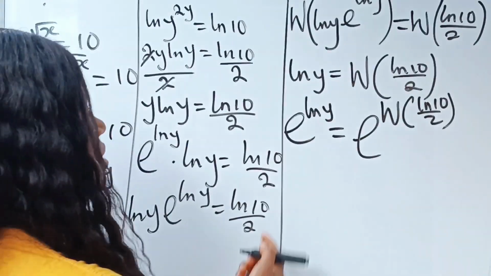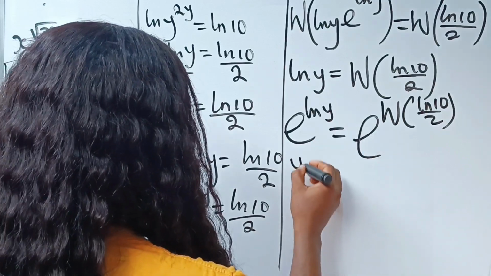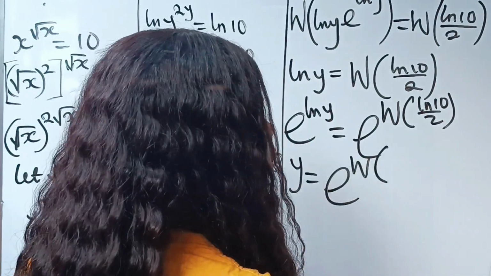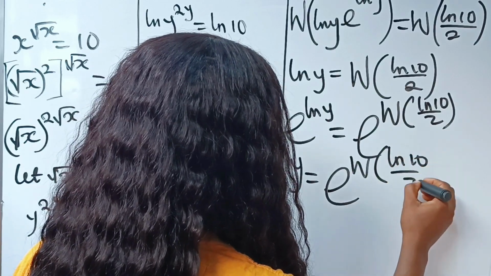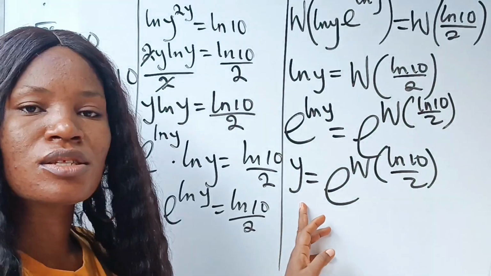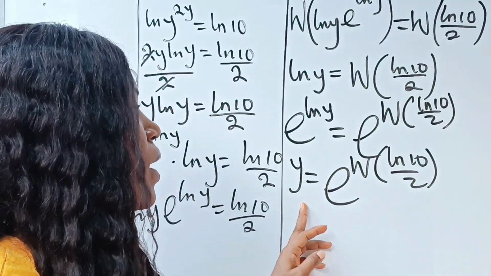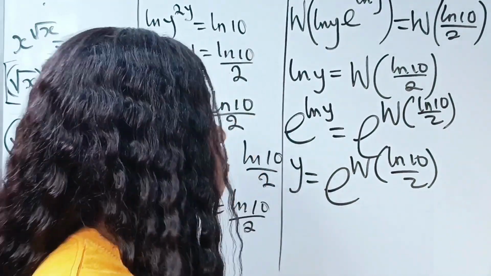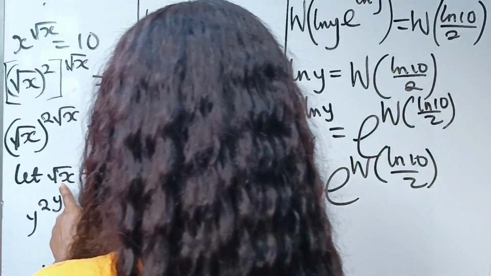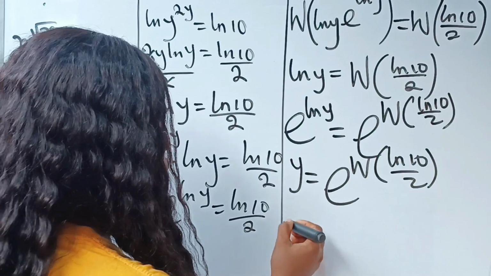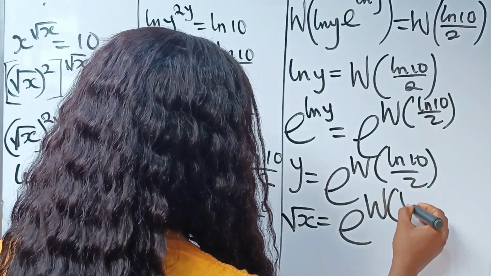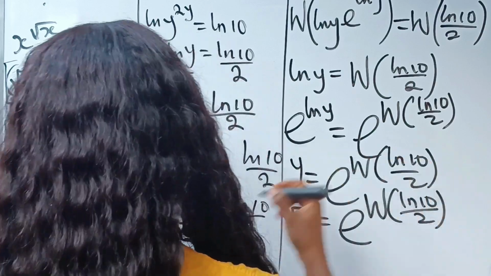Now, having done that, this is going to cancel this and we are left with y is equal to e to the power of the Lambert W function of ln 10 divided by 2. Now, recall that our y is not what we are looking for. Rather, we are looking for x. But recall that we said let square root of x be equal to y. So we have square root of x is equal to e to the power of W of ln 10 divided by 2.